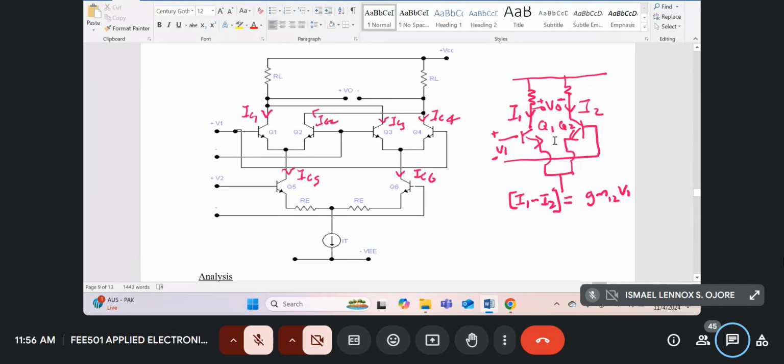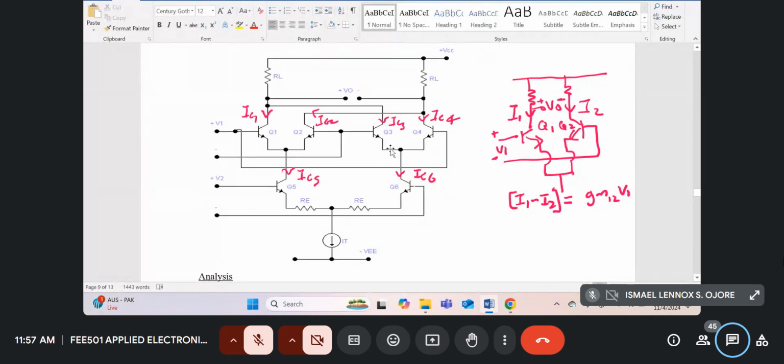Therefore, the collector current relationship will be I1 minus I2 is GM12 into the input voltage. But the input voltage V1 at the base of Q1 is positive and the base of Q2 is negative. All right.